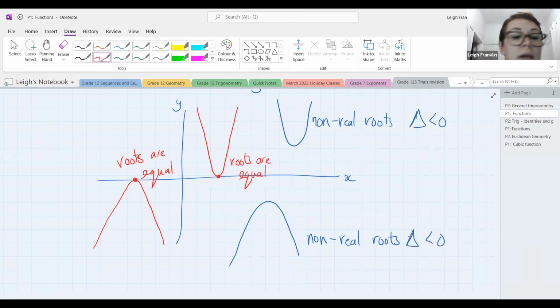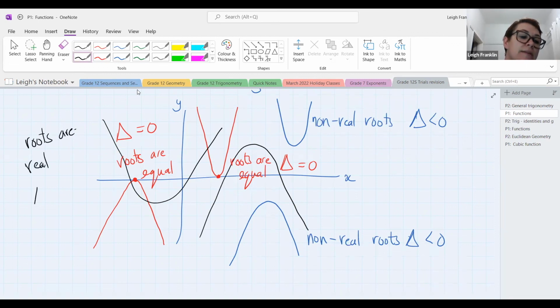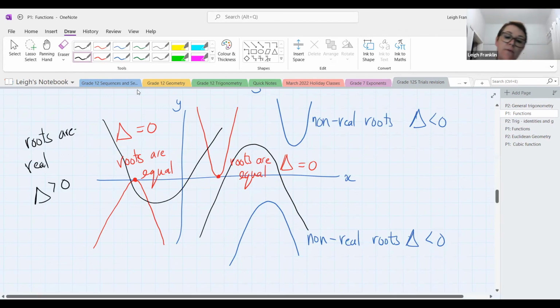Here, for roots are equal, delta is equal to 0. And then roots that are real means it cuts in 2 places. Shape again, it doesn't matter, it cuts in 2 places. Then we would say that roots are real. So in this case, delta is positive.